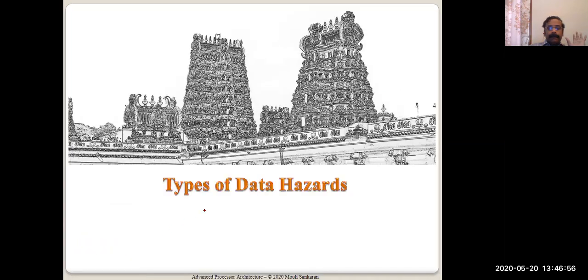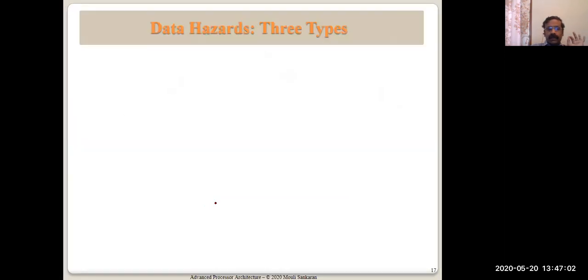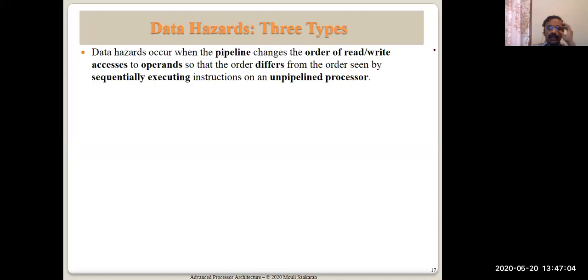Okay. Now, this is all about structural hazard. Let me talk about data hazards. We have already spoken about it. Let me give you an example and then categorize it. Data hazards occur when the pipeline changes the order of read and write accesses to operands.